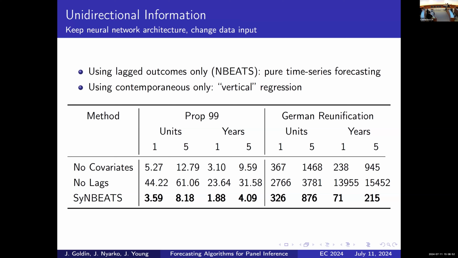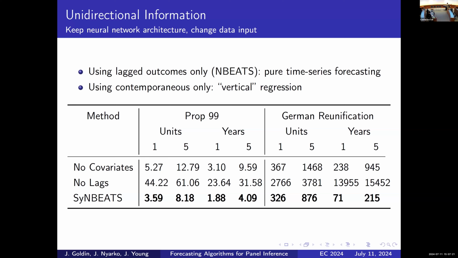So that's that first row right there. You do pretty well. You don't do as well as synthetic differences, but you do decently. And if you don't include any of the lags, you end up at a magnitude similar to if you were to just use some sort of MLP regressor or neural net, whatever. And so it does matter that you use the data inputs in a specific way. That's what we find, at least on these two data sets and under simulation.